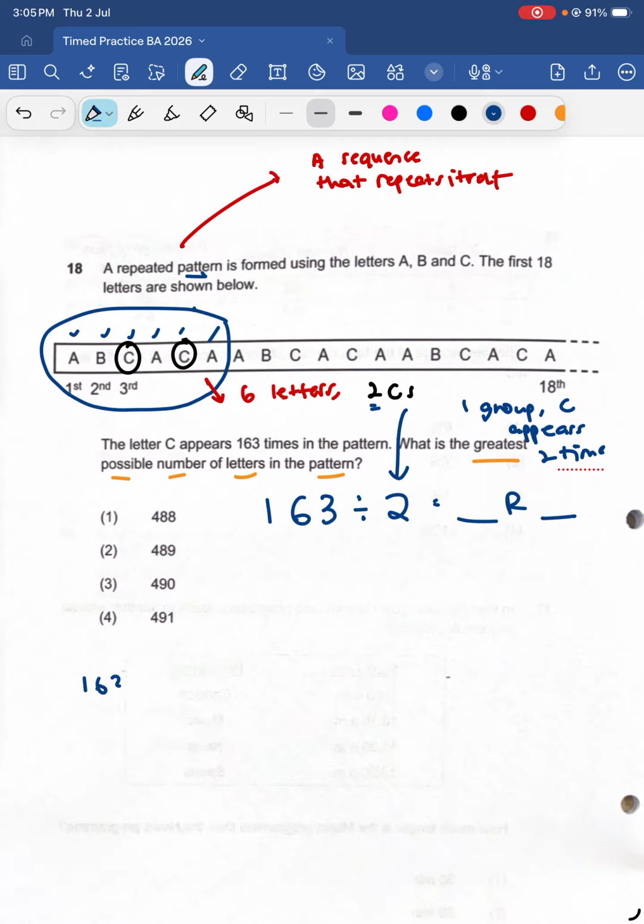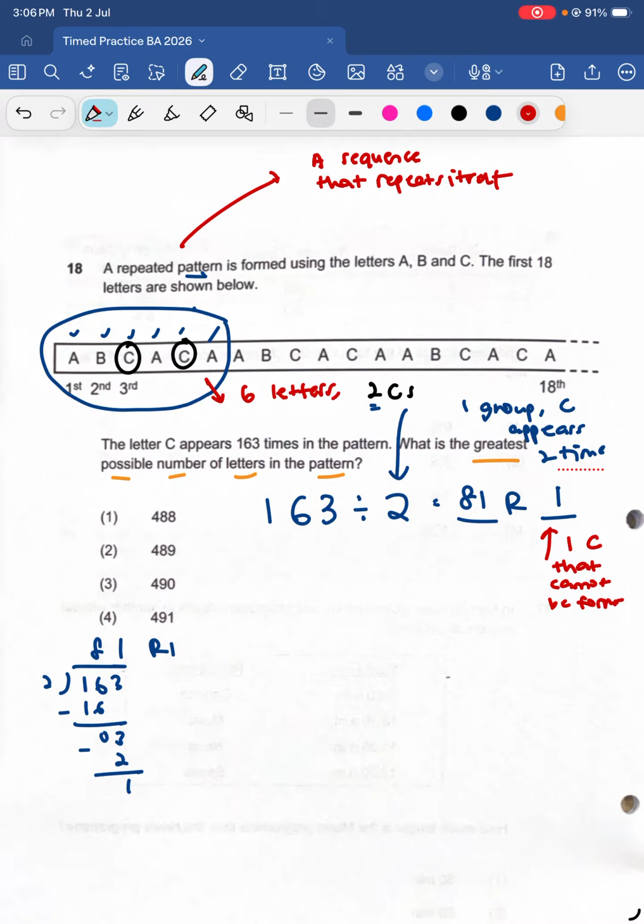So I'm going to do my working here. I have 81 groups, remainder 1. This remainder 1 is remainder 1 C that cannot be formed into a group.